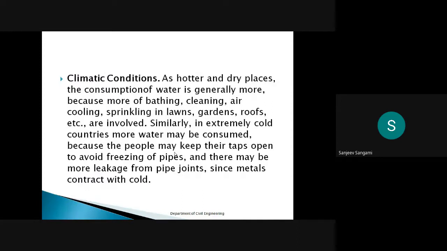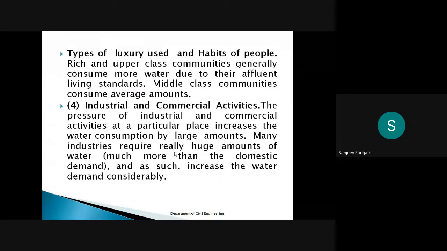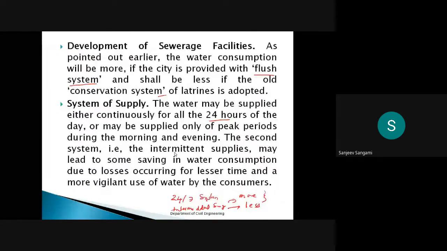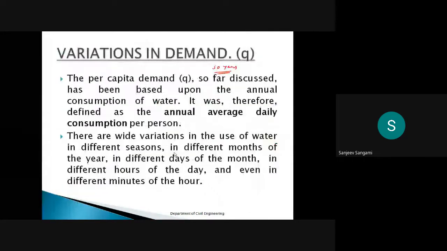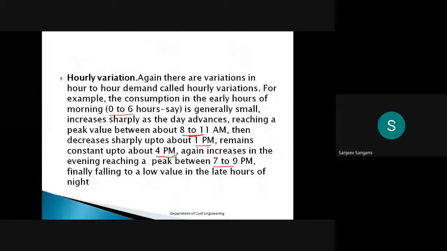And we were discussing the other types of population forecasting methods, that is, the decreasing growth method. The decreasing growth method normally is followed when uncertainties are going to happen.